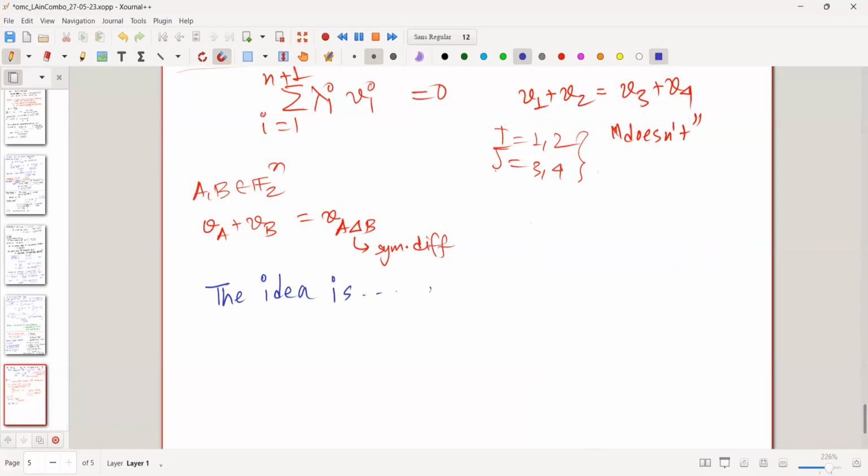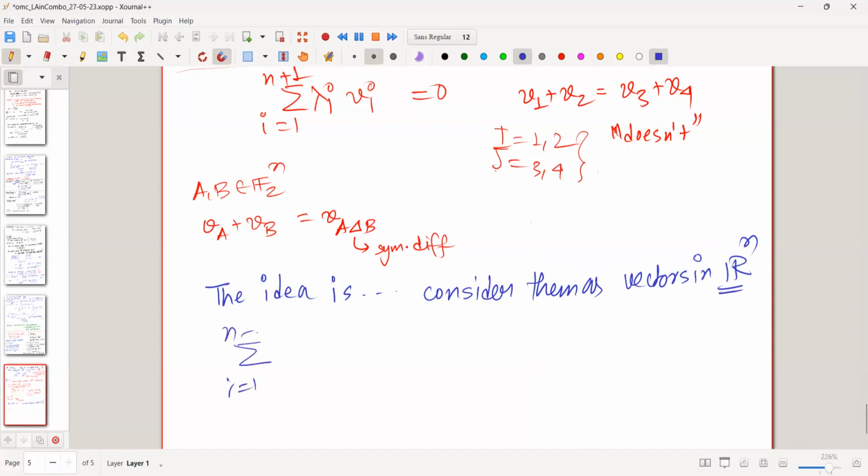So the idea is you will consider them as vectors in R^n. You still put 1 and 0 wherever there is an element or not an element. But now when we write the sum from i equals 1 to n plus 1 of lambda_i v_i equals 0, lambda is not just equal to 0 or 1.